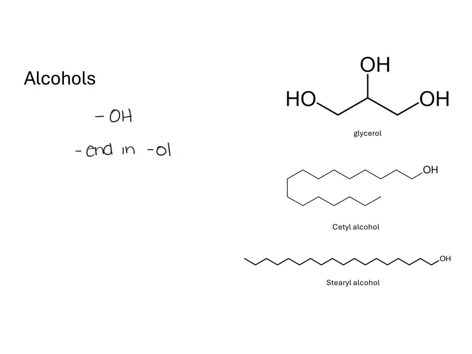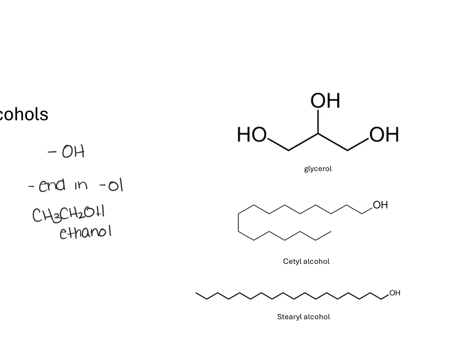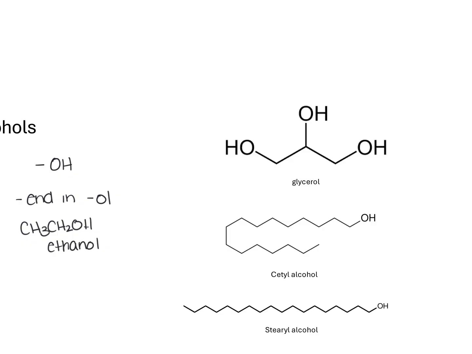So one of the simplest ones, for example, is ethanol, which is CH3CH2OH, which is often used in cosmetics as a solvent. But one of the ones that is the most common is glycerol. Glycerol has 3 alcohol groups. So let me highlight those here, here, and here.